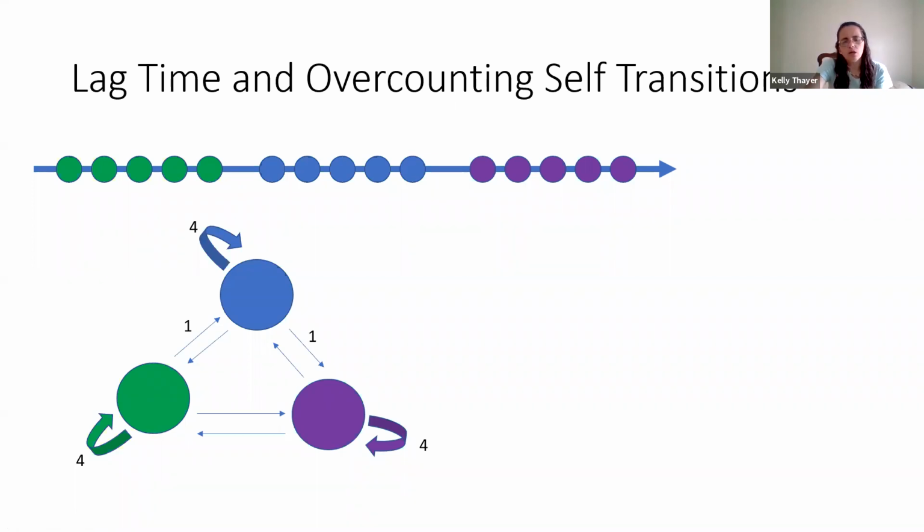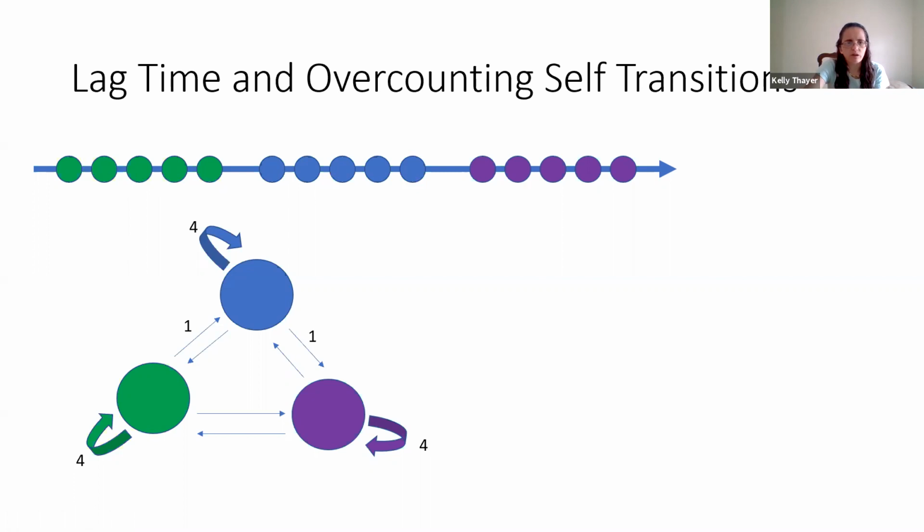Now, let's step back for a moment and ask the question: is a transition between a state and itself interesting? Well, not really. In fact, you could change that. Imagine that our sampling frequency were doubled, that we took time steps generating more snapshots in between. That's not going to give us any more interesting information.